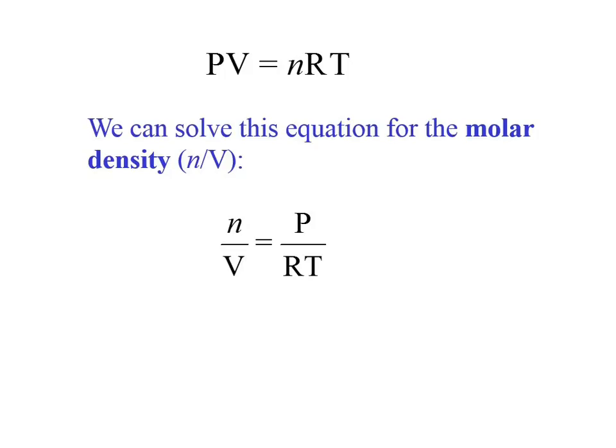Now if you're like me, I really have to concentrate. My algebra, I don't know what it is, but I always divide the wrong thing or something. So if we want to get this to N over V, we could what? Divide both sides by V. So PV over V is equal to nRT over V, right? And then these V's cancel. And then I need to divide both sides by RT.